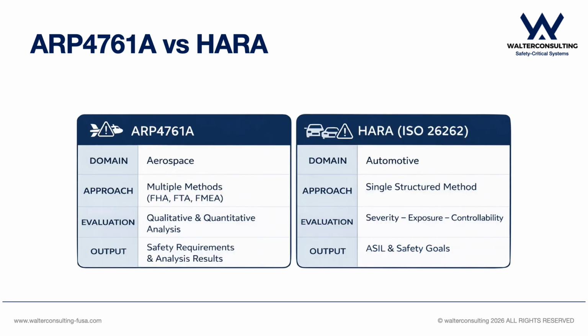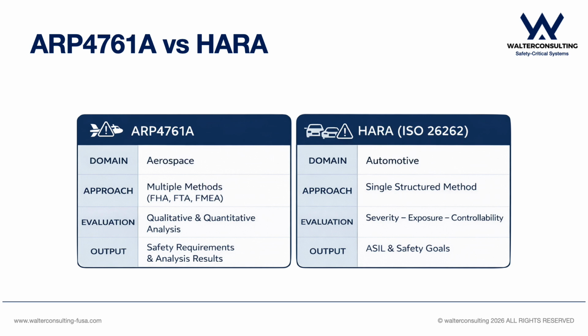So how does ARP4761A compare to HARA? Both approaches analyze safety risks at system level, but they differ in how this is done. ARP4761A uses multiple methods, such as FHA, FTA, and FMEA. HARA, on the other hand, follows a more structured approach.